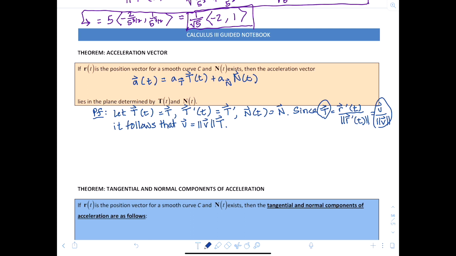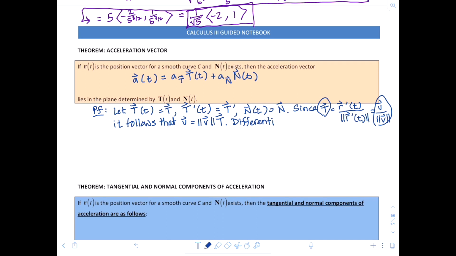So let's see what happens. We get a is equal to v prime.